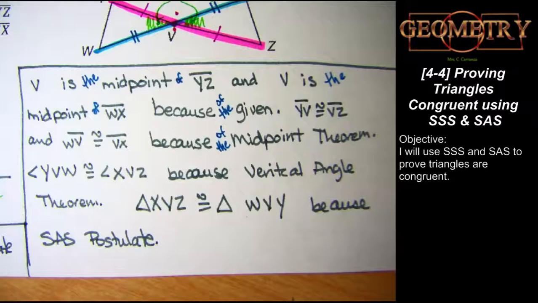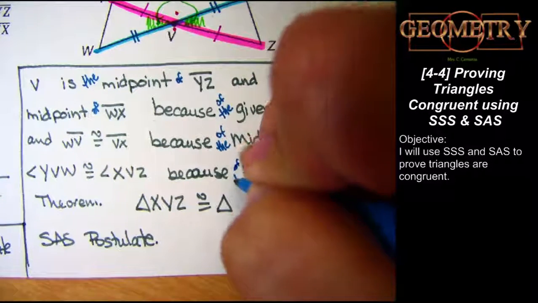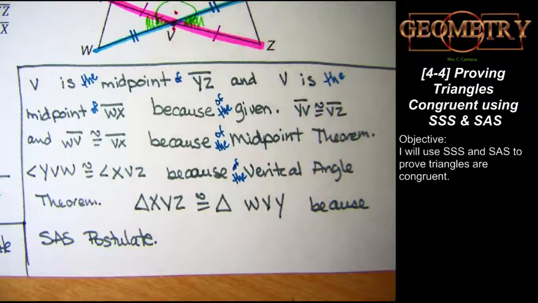Angle YVW is congruent to angle XVZ because of the vertical angle theorem. Triangle XYZ is congruent to triangle WVY because of the side angle side postulate.